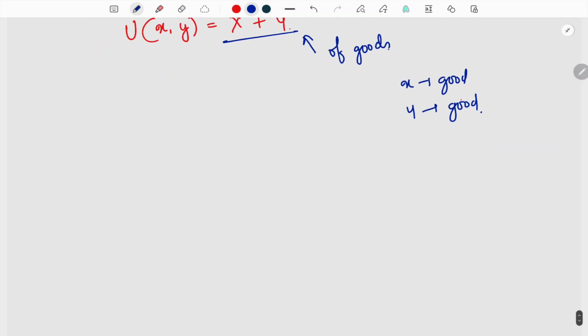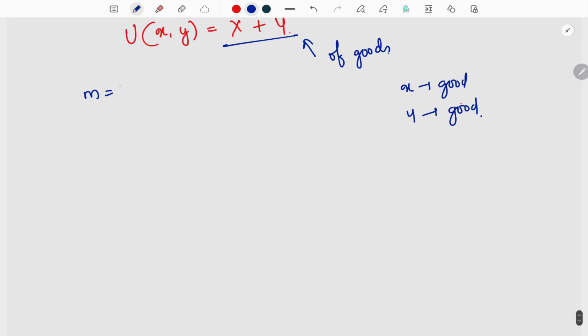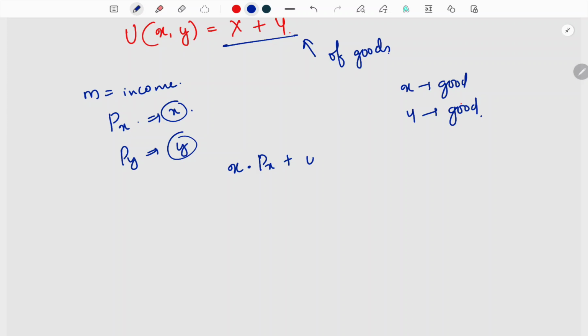Obviously he must have, suppose, m amount of income to consume those goods, and every good costs, let's suppose, price px for good x and price py for good y. How much can he consume? He can consume quantity x times px plus quantity y times py, which should not be greater than his income. This is his budget constraint.